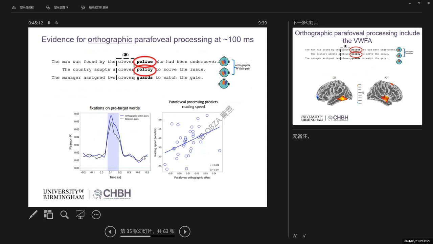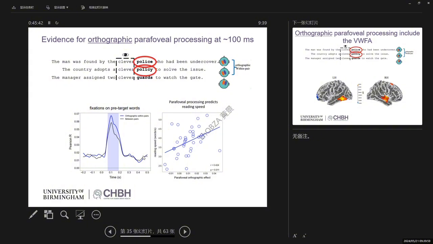So this might not be a big surprise, but the news here is that we can derive the time course of this. What's also new is that this parafoveal processing at the orthographic level is predicting reading speed. So this person out here is a fast reader, but it's also a reader with a big difference in the correlation, meaning more parafoveal orthographic processing.